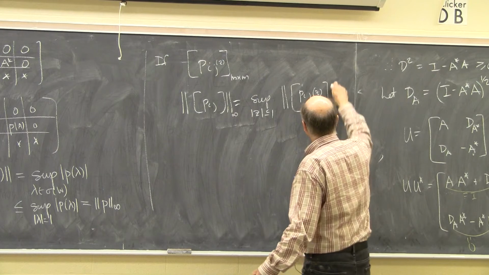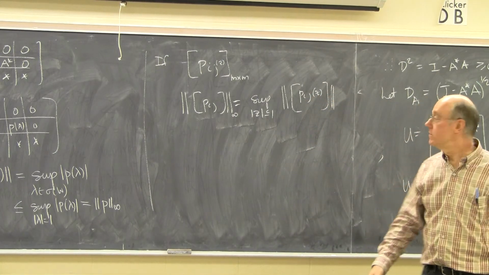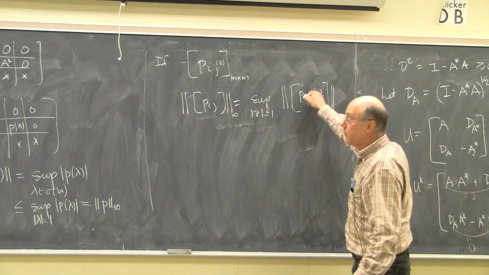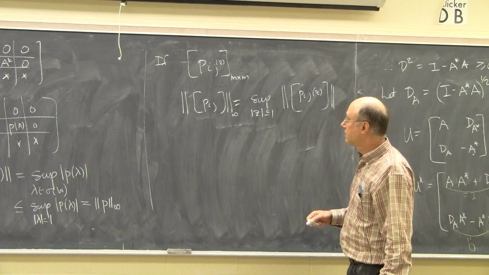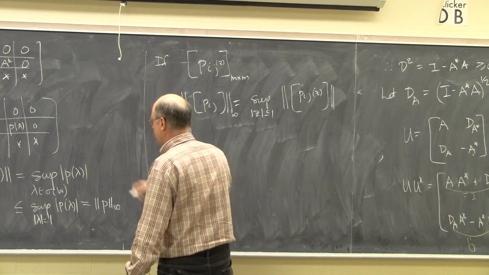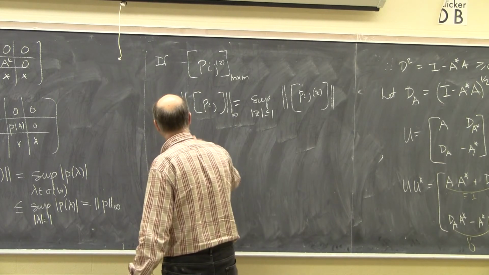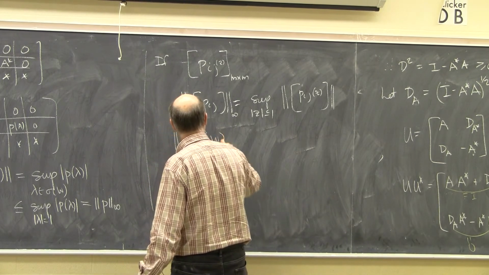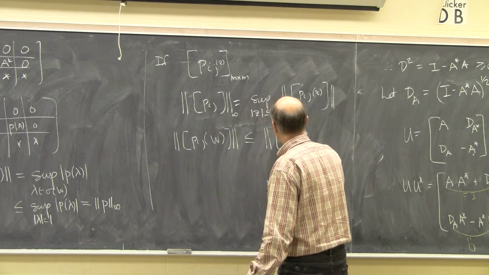So you just plug in z over the unit disk, you get an m by m matrix, and you take its norm. And a similar sort of argument shows that the norm of Pij of W is less than or equal to the norm of Pij.